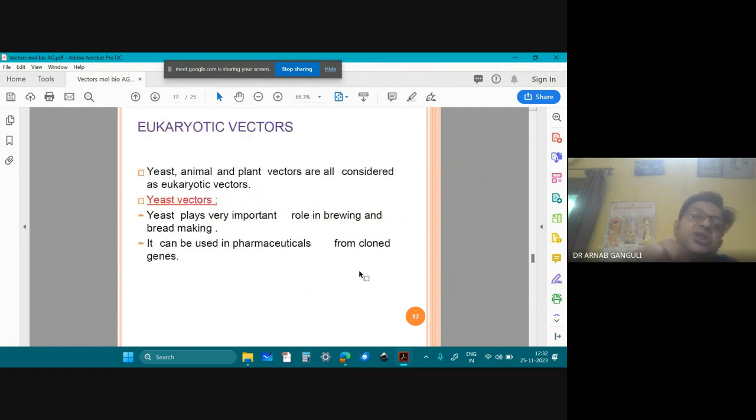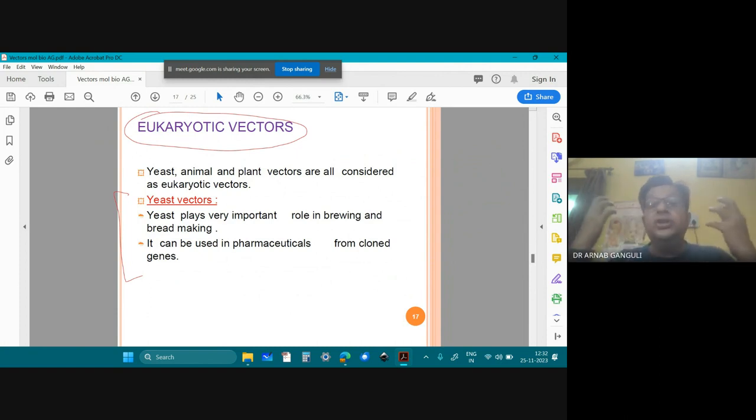Now let us go to eukaryotic vectors, for example, yeast vectors. The advantage of these eukaryotic vectors is you can put lots of big inserts inside them.